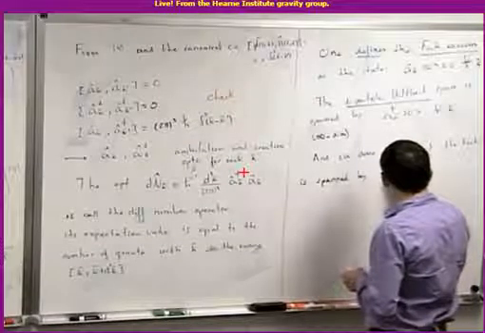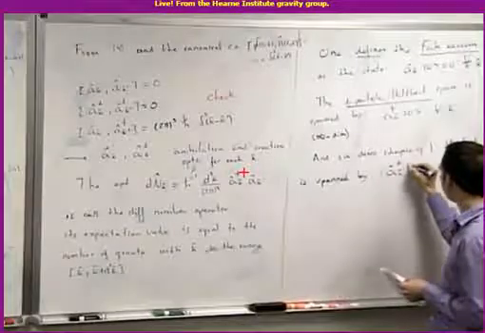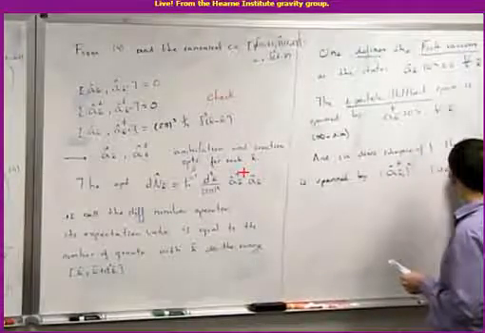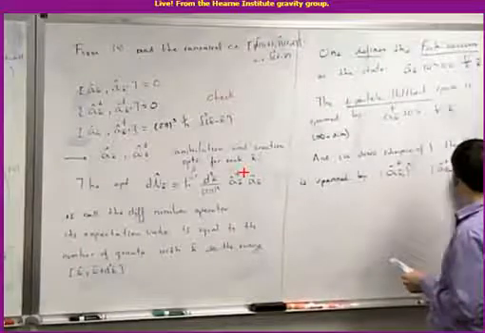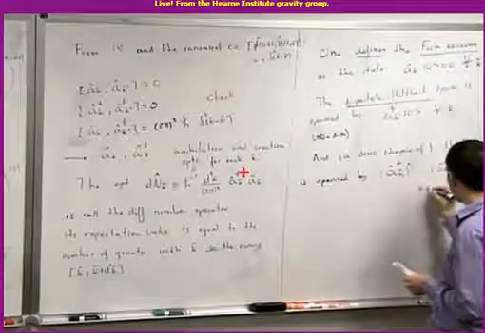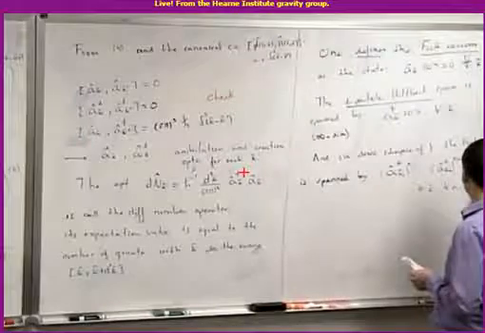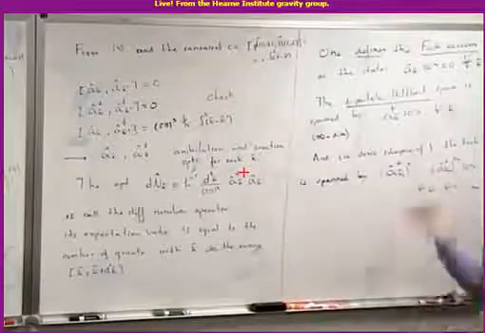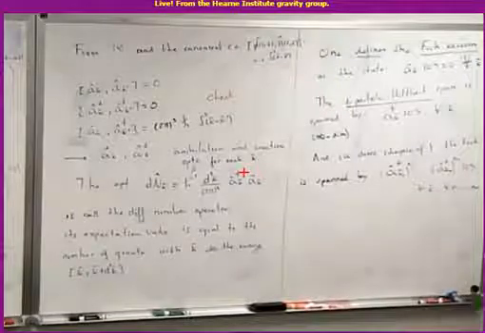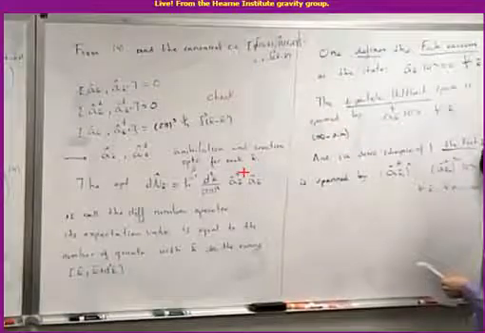You take the creation operator for the mode k1 to some power n1 up to the creation operator for the mode km to some power nm, act on the vacuum, do this for every k and for every integer number n1 to nm, take all possible linear combinations, and that is the Hilbert space. Completely analogous to the Fock space of the harmonic oscillator. This is our Hilbert space.